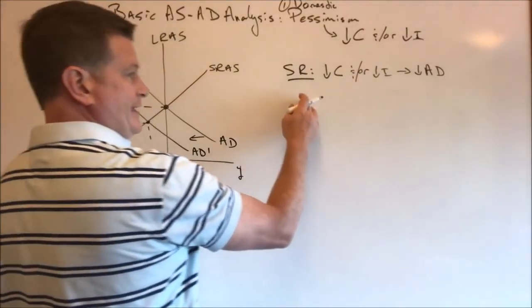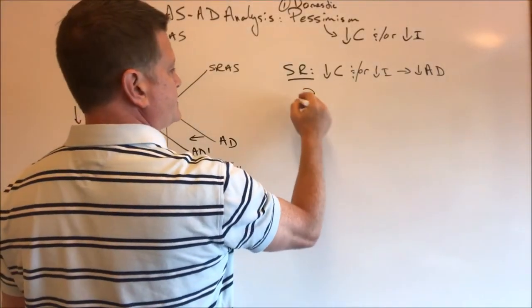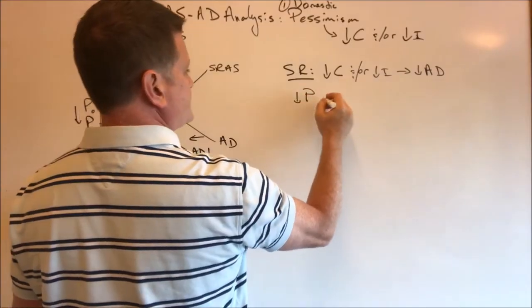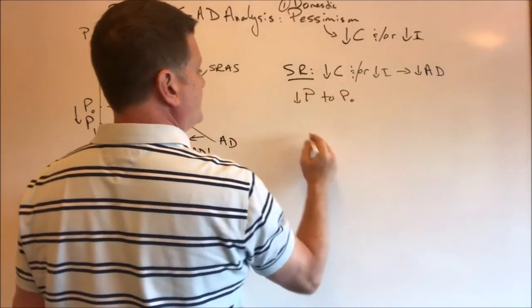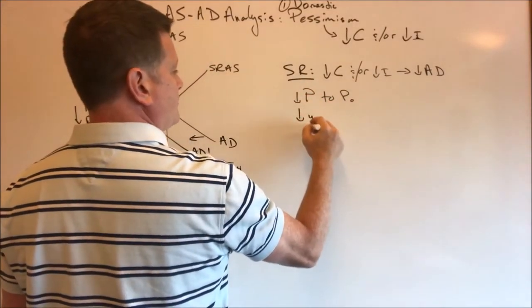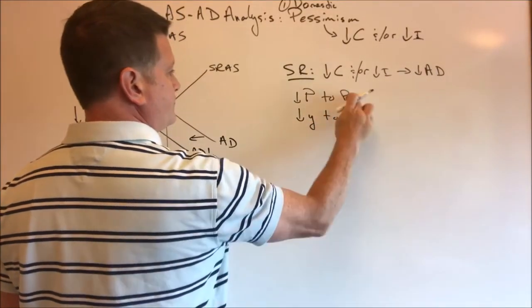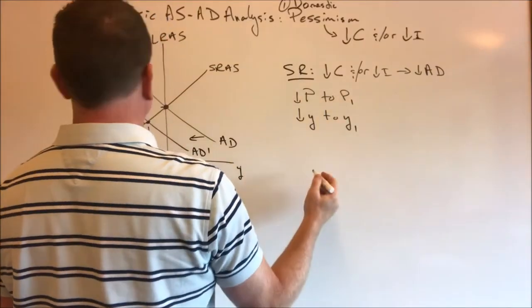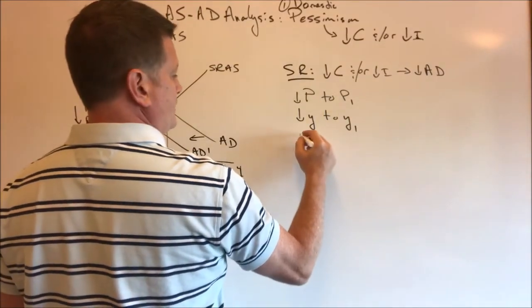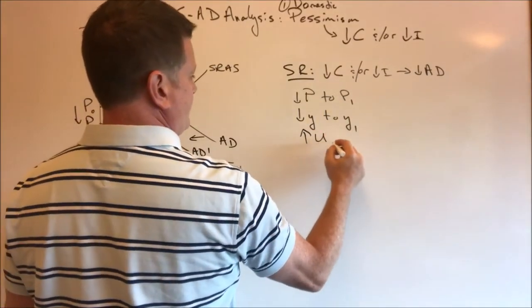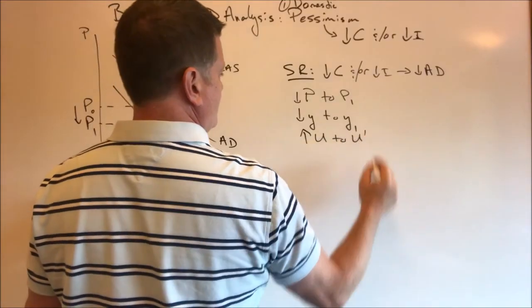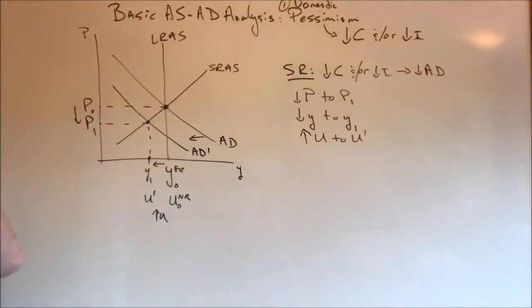So the short run answer, in my opinion, is a decline in the price level to P naught, a decline in real GDP to Y prime, this should be also Y prime, and an increase in unemployment to U prime. Okay.